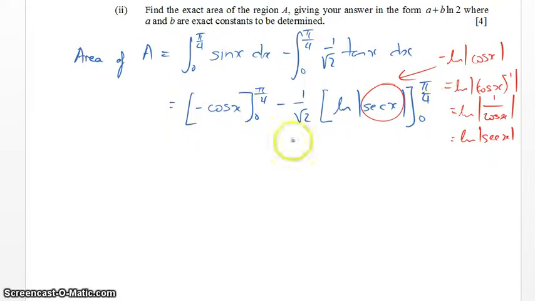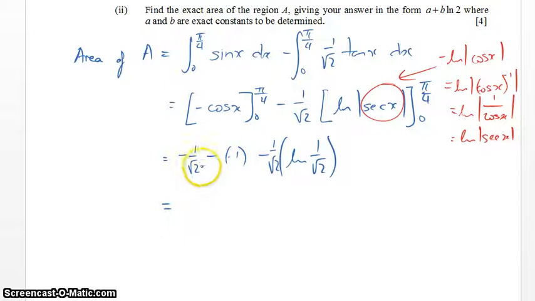Okay, so now we can substitute our values in. Cosine pi upon 4 is 1 over root 2, so we get minus 1 over root 2 minus negative 1, so 1 minus 1 over root 2. If we substitute in 0, we get ln of 1, which is nothing, so we just substitute in pi upon 4. This is ln 1 over root 2.